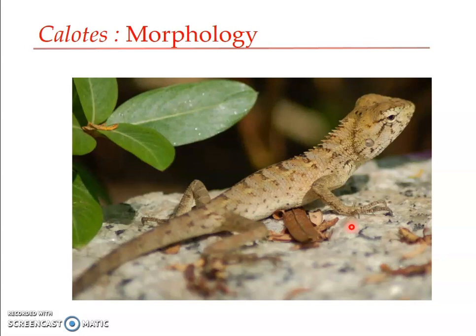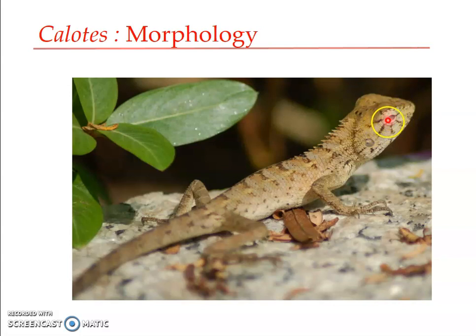So as already seen, Calotes versicolor is a common garden lizard, and they have a typical lizard-like body. One thing we can see is that Calotes and chameleon are both garden lizards, and in chameleon we can see a crest around the neck region. They have eyes placed on a cone-shaped part.